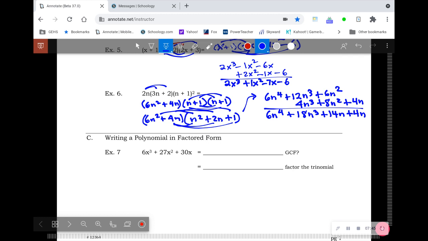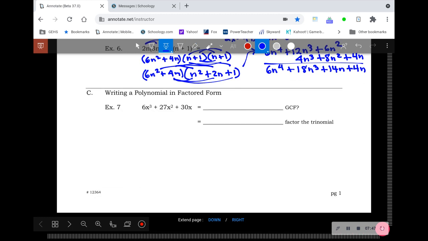Now going from standard form to factored form is not a real easy skill, but I've taught it to you, so it should be a little bit of a review here. You look for a GCF first, which in this problem is just a 3x. 3 goes into all of those numbers, and x also does.